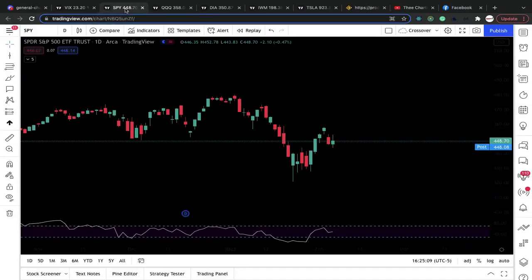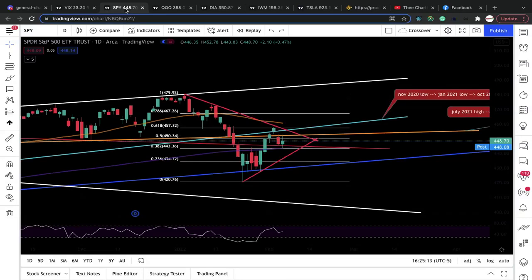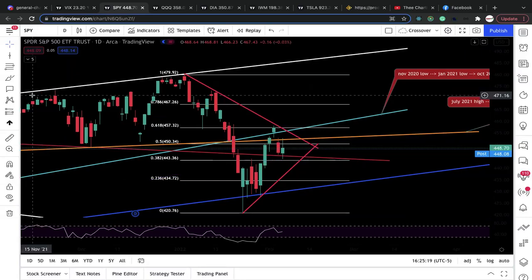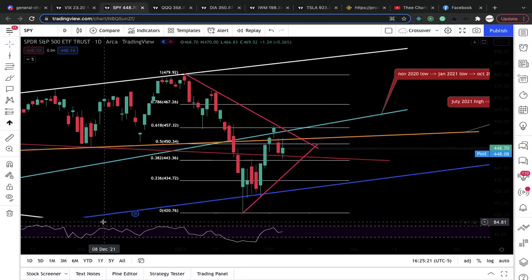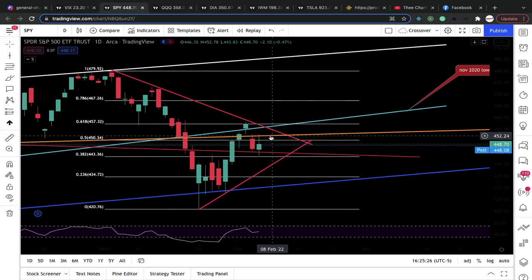Now, based on the price action, I'm going to bring the drawings back. For that to happen, a big sign that I want you guys to watch for, if we're going to get a new all-time high: first of all, we got to break above 452 to put a very critical level in play.